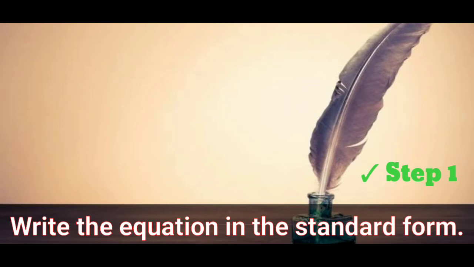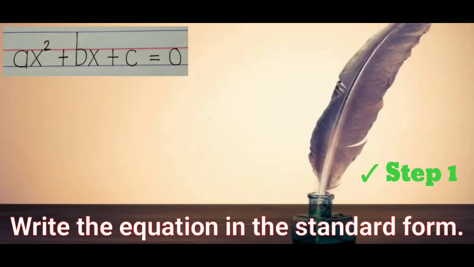Step 1. Write the equation in the standard form. Remember, the quadratic equation is ax squared plus bx plus c equals 0. So that is the standard form. Then, the sample equation that we are going to solve is 2x squared plus 3x equals 27.